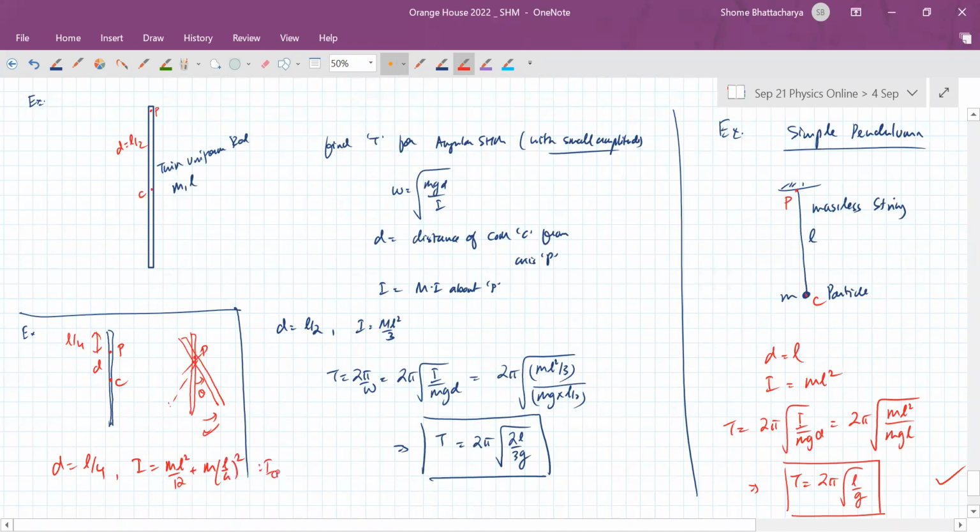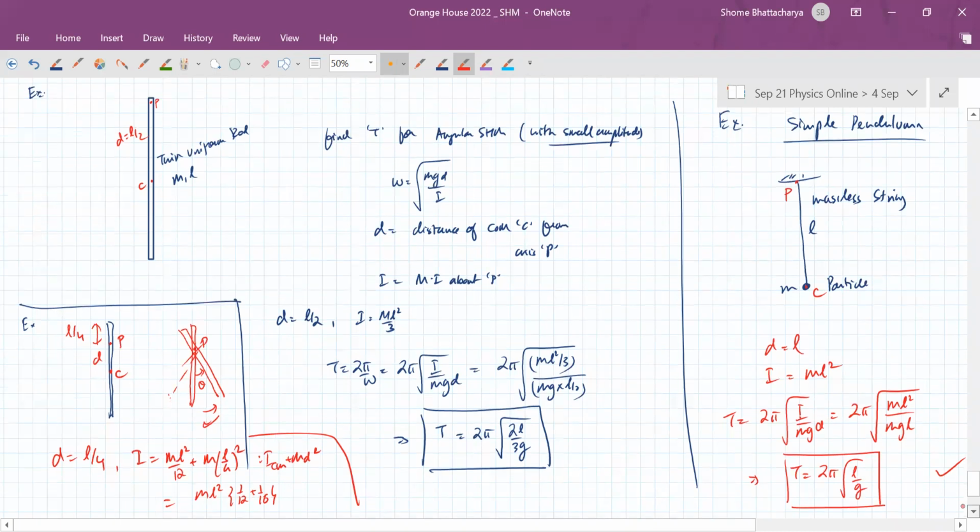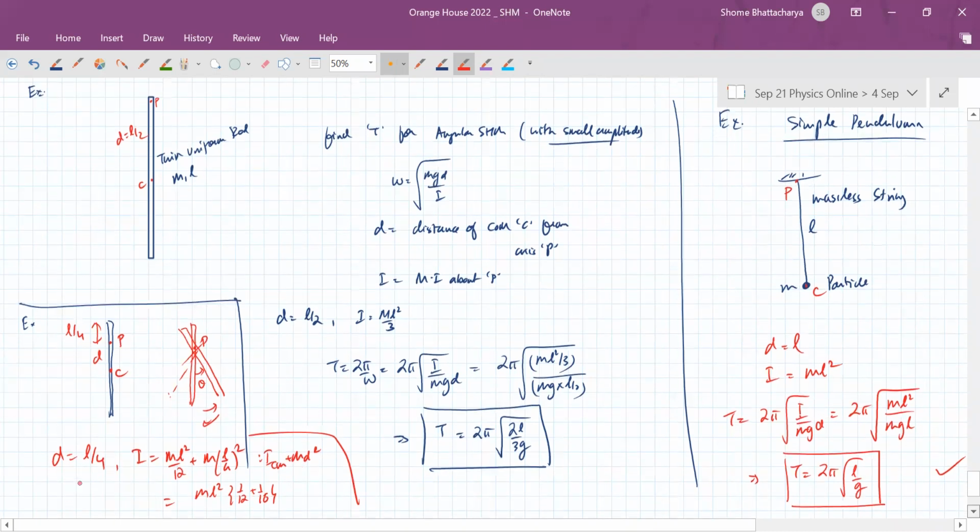That is I CM plus md square. So this would become, and accordingly we'd substitute in the formula.